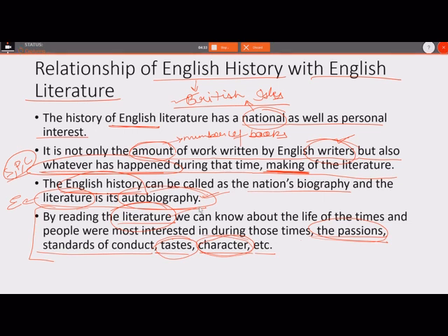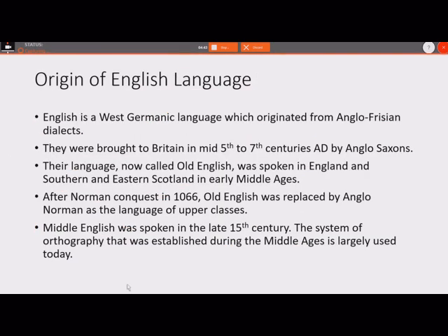And that is why we say that English history can be read more intricately, nicely and elaborately through its literature.